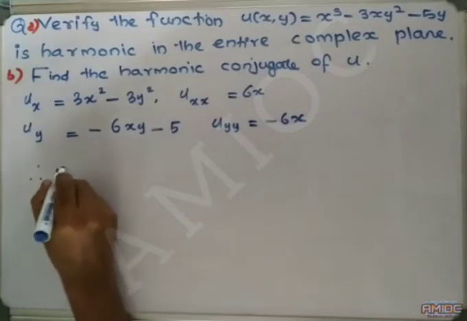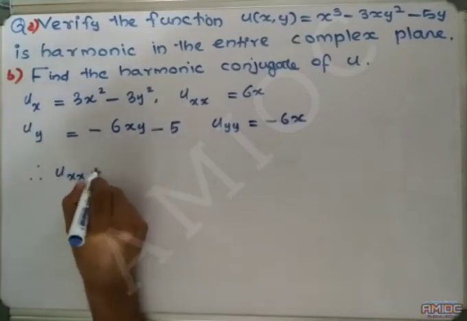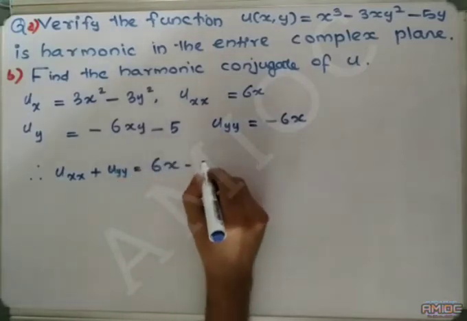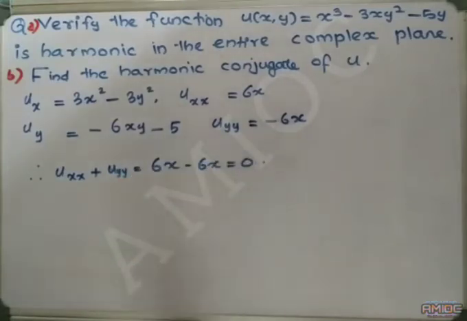Therefore uxx plus uyy equals 6x minus 6x, which is equal to 0.